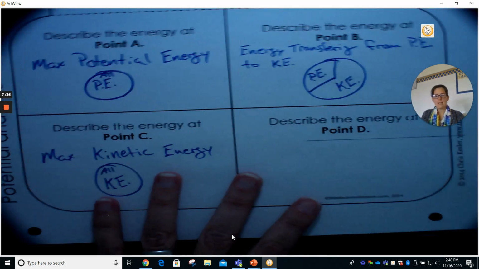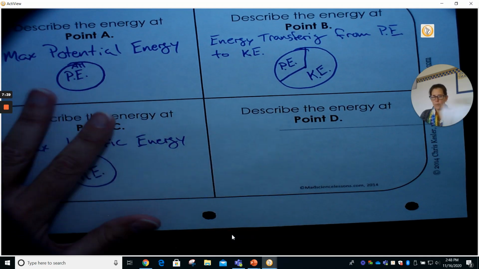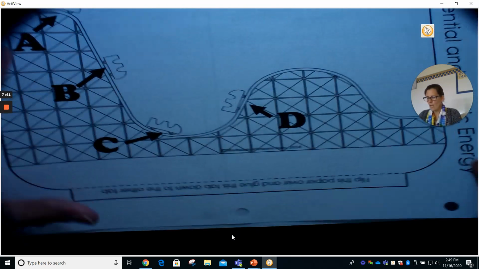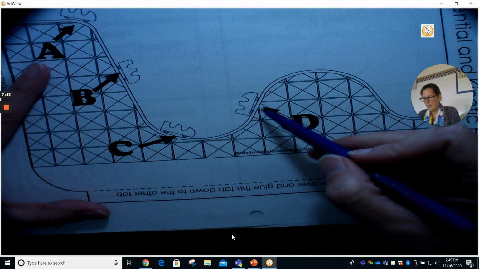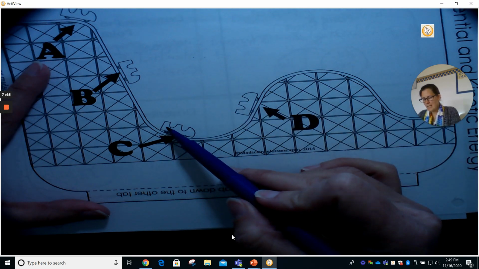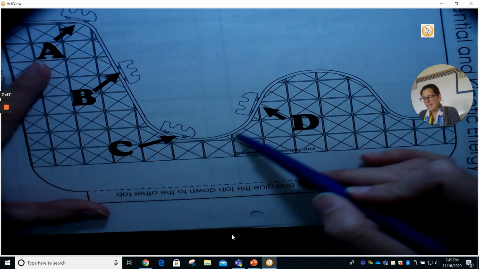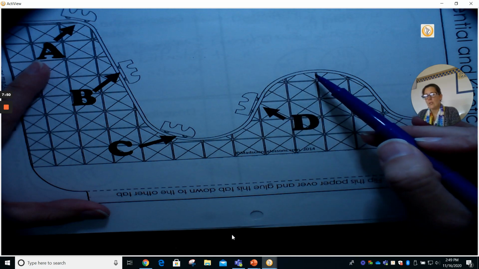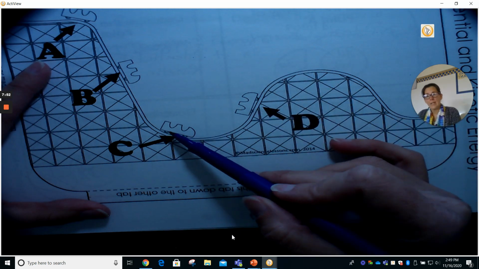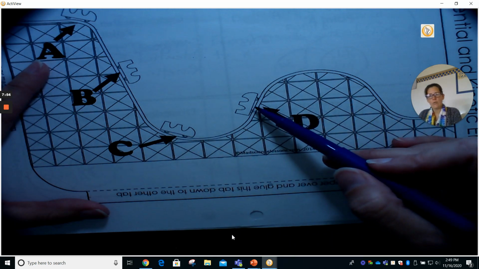Okay, so next we're going to look at point D on our roller coaster. Right here on D, our car has moved from the max kinetic energy, and it's going back up a hill. So our energy is going to be moving from kinetic into potential.